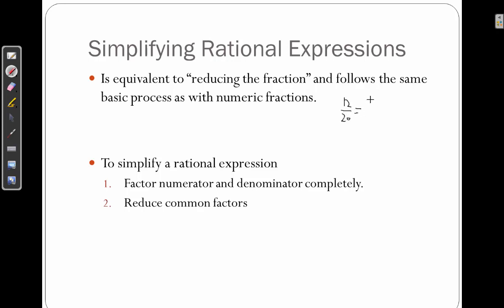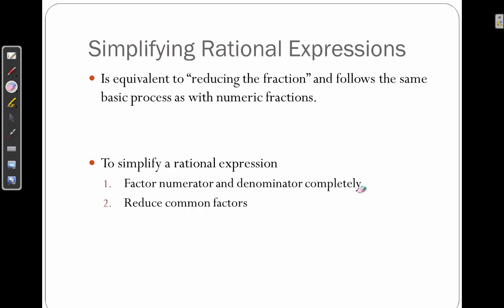Well, the idea is I can pull out a common factor, 4 times 3, 4 times 5, and then I can divide by that common factor. Well, it's going to be the same idea with polynomials. You factor them down completely, and then you reduce away common factors by division.